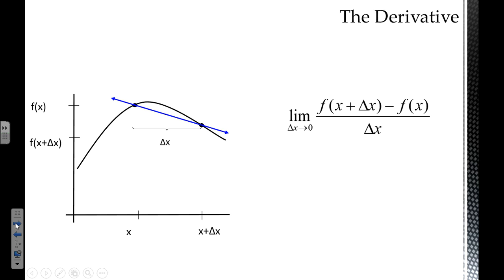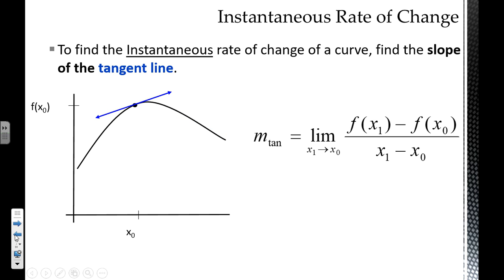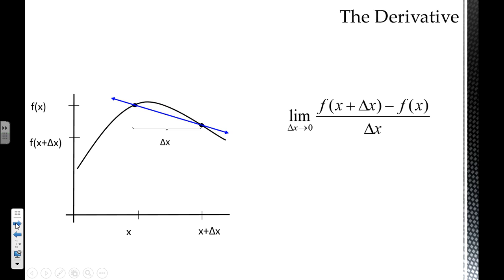Let's think about this. y minus y over x minus x, that's what we talked about over here, and you said that was the slope. The difference quotient is just another way of writing slope. Difference in y's over, instead of difference in x's, it's labeled as change in x. In science class, you know that delta means change in x. So essentially we have the same thing.